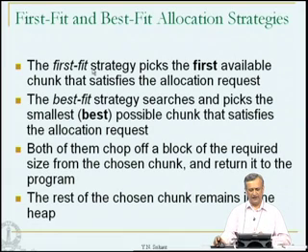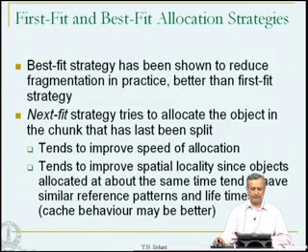Whereas in the first fit case, even if the first chunk is much bigger than what we require, a large piece has to be cut off and the remaining large piece remains in the heap. This may actually increase the fragmentation. So the rest of the chunk remains in the heap itself. As I explained, the best fit strategy has been shown to reduce fragmentation in practice. It is much better than the first fit strategy.